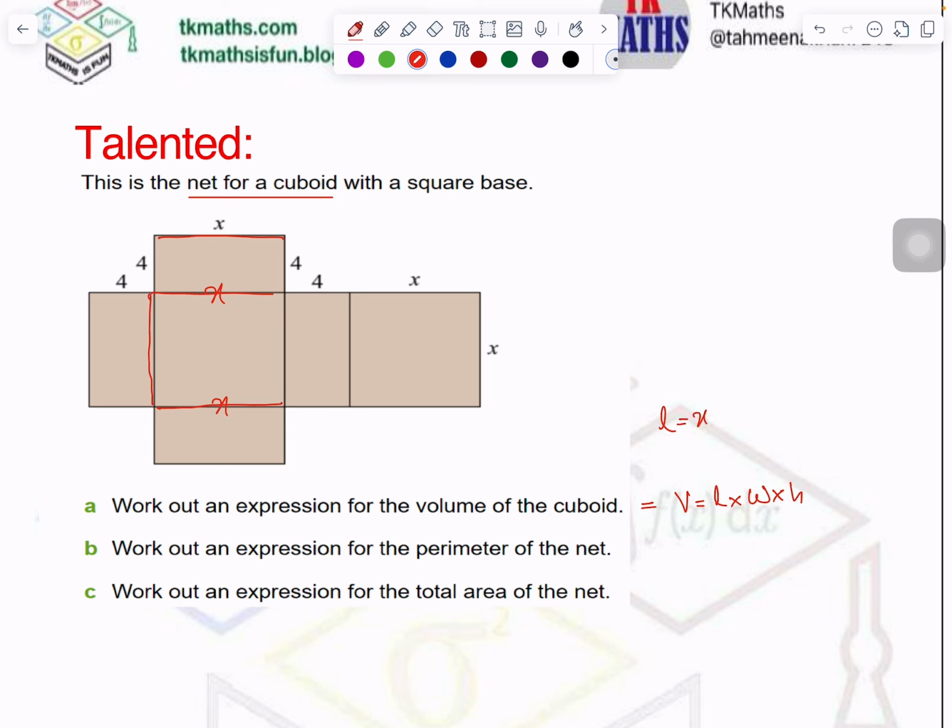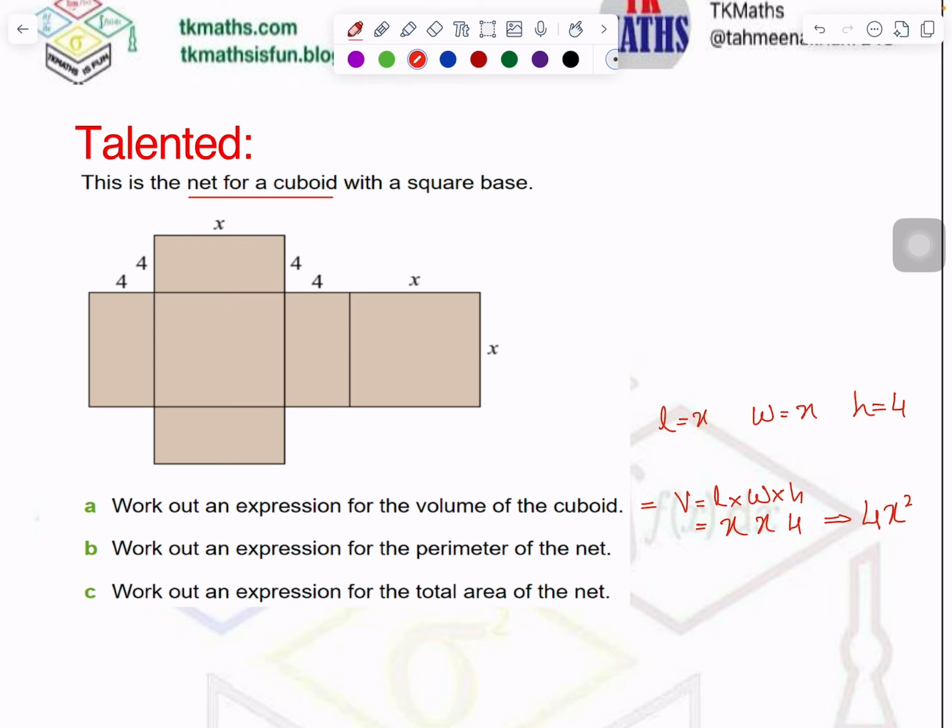This is my width, it is square base, it is written here. So width is x, and height, because when this portion you will turn up, 4 will become your height. So your height is 4. So you can write volume is equals to x times x times 4, which means 4x square, right? So this is how you will write down the volume.